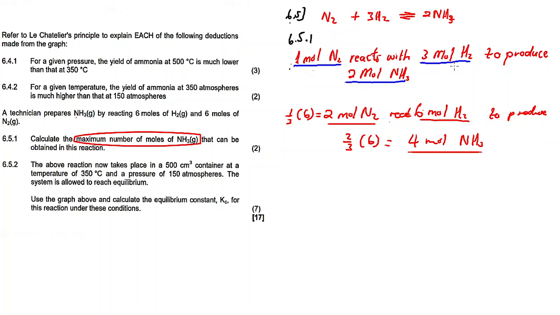It tells us when the reaction will end. So since 6 is used here, here 1/3 of this amount is used, and here 2/3 of this amount is formed. So therefore our ratios, we use stoichiometry to determine the maximum number of moles of ammonia.